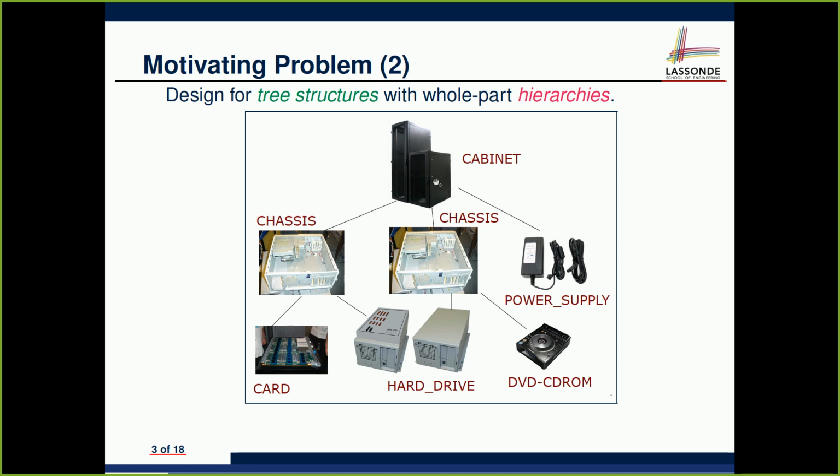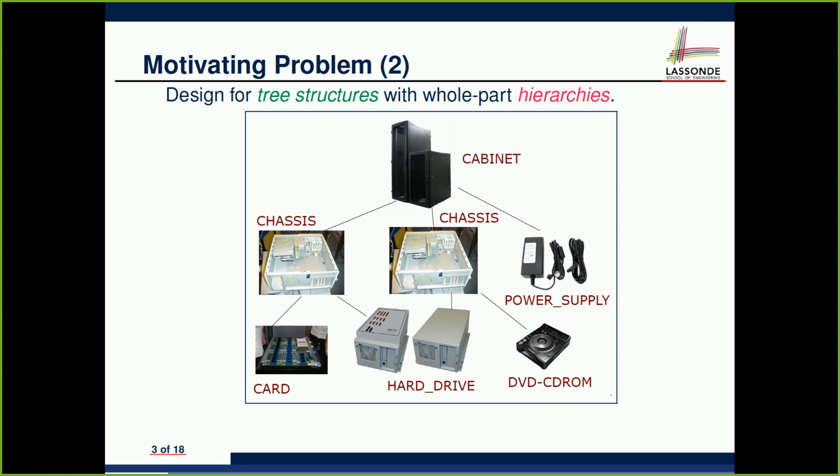Let's say we got a cabinet here at the top level. The cabinet contains two chassis over here. The first chassis contains one card and one hard drive. Okay, and also the second chassis contains a single hard drive and also a DVD ROM. And also the third component in the cabinet is a power supply.